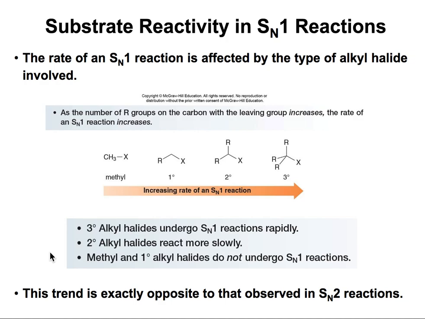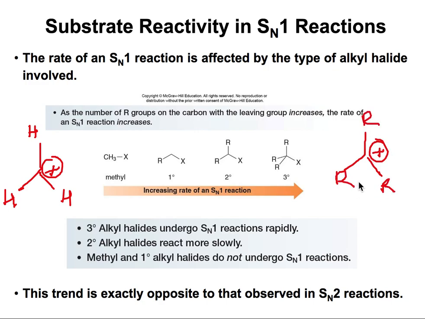I'll talk about it in the upcoming video, but carbocation stability increases as you increase the number of R's connected to the carbocation. So a carbocation with hydrogens is a very, very unstable carbocation. But a carbocation that has 3 R's, let's say 3 methyls, for example, is the most stable carbocation.